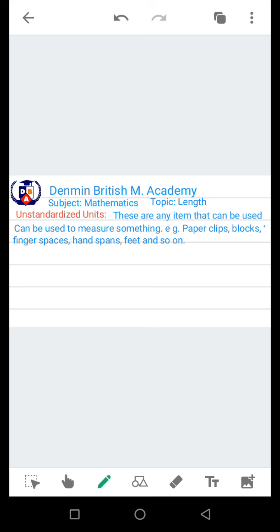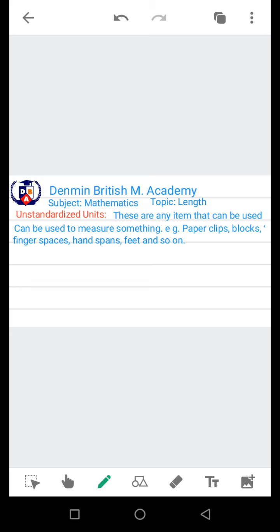You just place as many paper clips as can carry the length of that pencil. So at the end, you say this pencil can carry 4 paper clips. We are going to show a picture of how that is done.